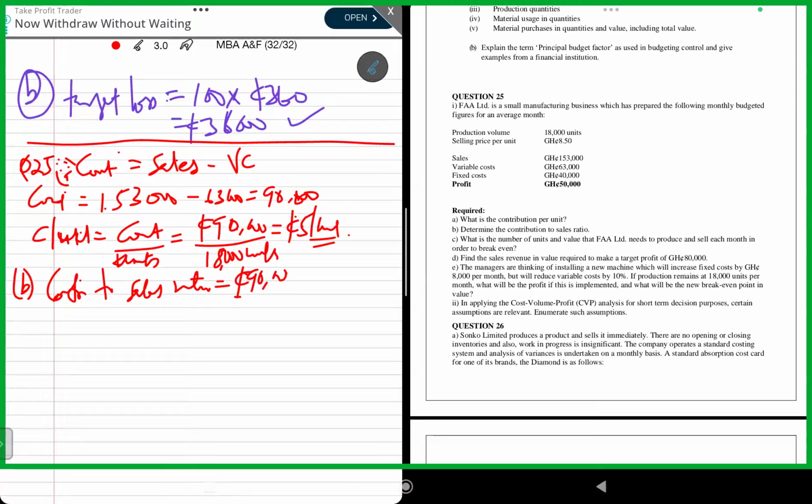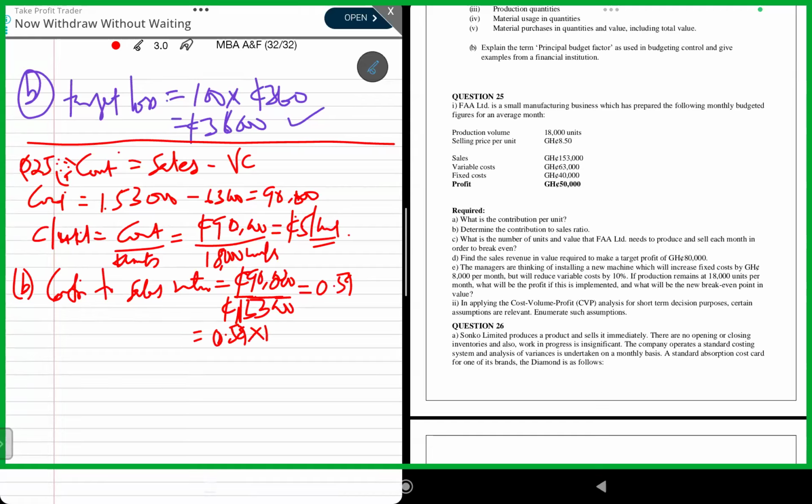What's the total sales? 153,000. What's the final figure? 0.59, approximately. It is 0.588, so 0.59.